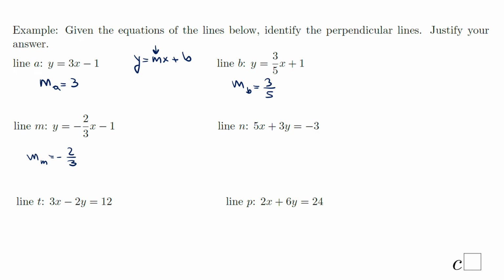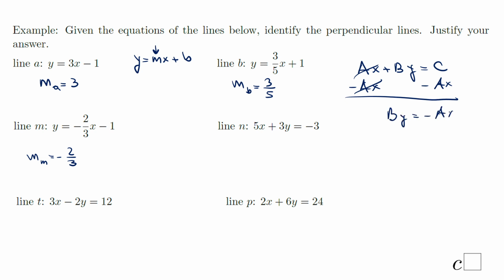And line N, T and P, again, let's do it one more time just to be sure we know how to do it. I'm going to solve for y in this form. So again, I have this -a/b. This is the one you really need.